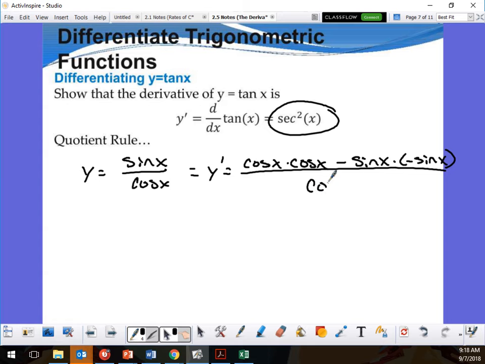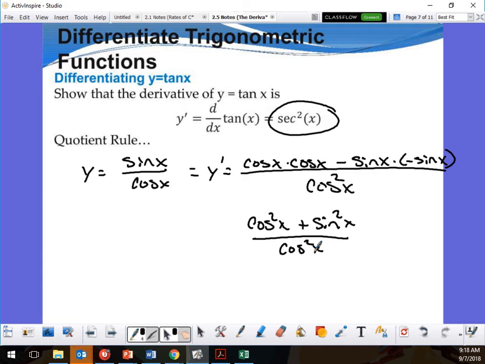over cosine x squared, right? So now let's clean up the top. I'm going to have cosine squared x plus sine squared x all over cosine squared x. And we already know that sine squared plus cosine squared is going to give me 1, right?